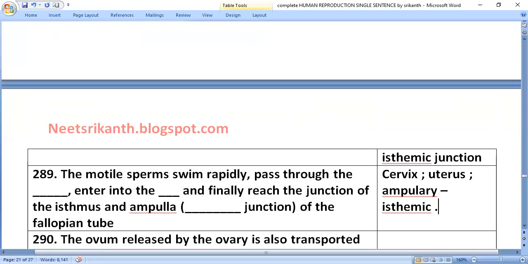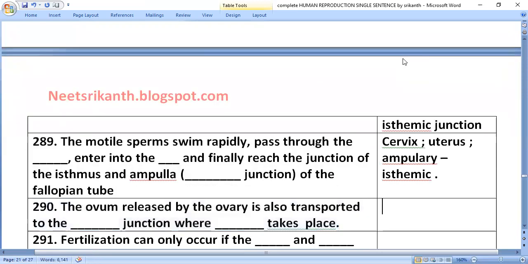Fertilization occurs between the ampulla and isthmus of the oviduct, that we say as the ampullary-isthmic junction, in the fallopian tube. The ovum released by the ovary is also transported to the ampullary-isthmic junction.